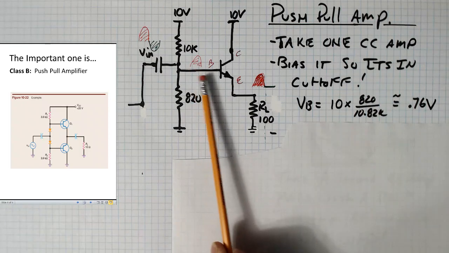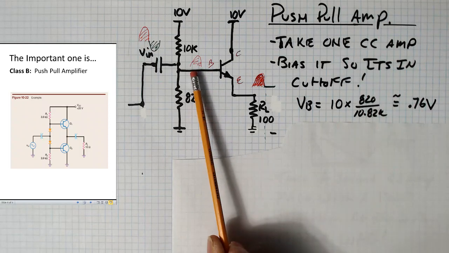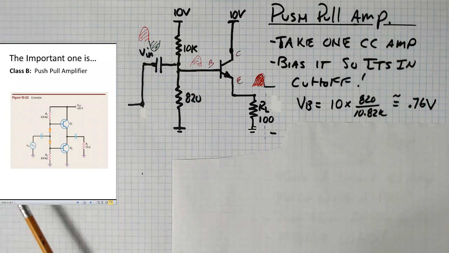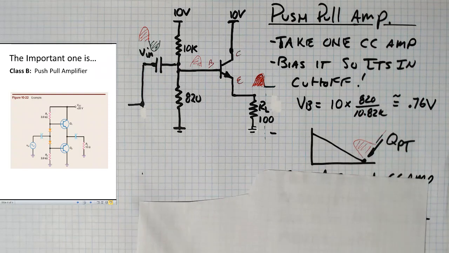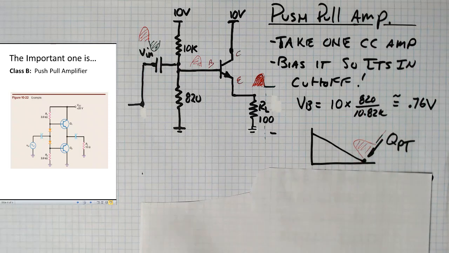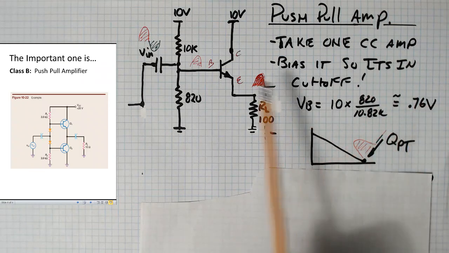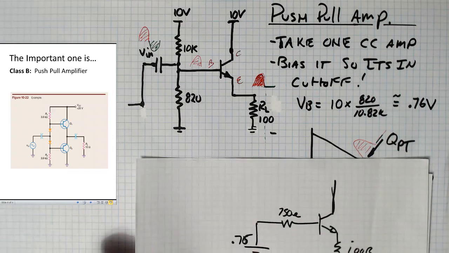Well, 0.76 volts on the base is barely enough to turn this transistor on. So it really sits down here in cutoff. The Q point is down here, basically in cutoff, and it's not conducting a lot of current. In actual fact, the 0.76 is not what really appears on the base of the transistor.